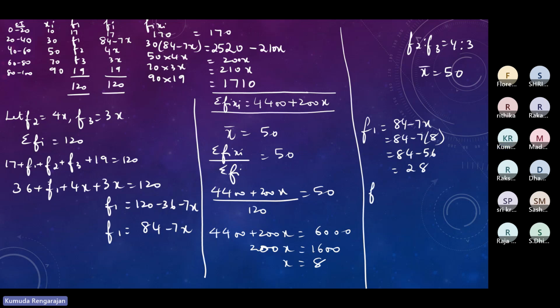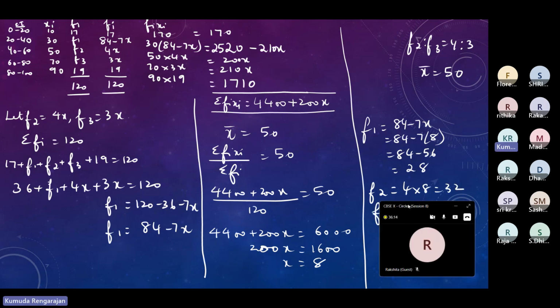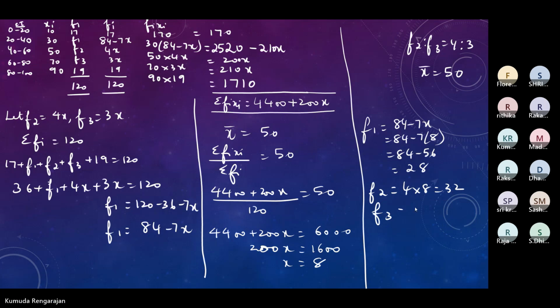F2 will be 4x. So 4 8s are 32. And F3 is equal to 3x. 3 into 8, 24.